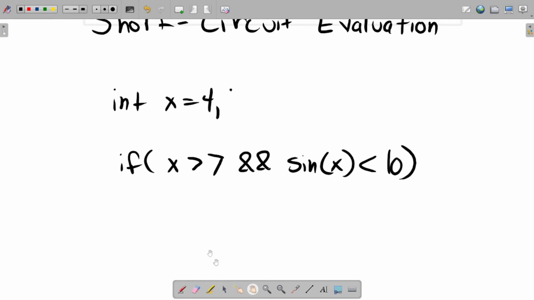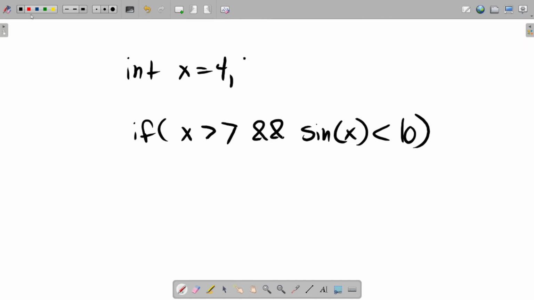The way this will evaluate is we have two expressions that are ANDed together. We have this part, and then we have this part with the sine of x less than 10. So this would be like the A above, and this would be the B above.